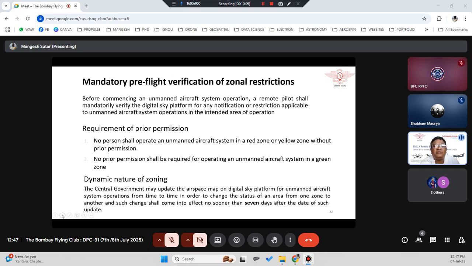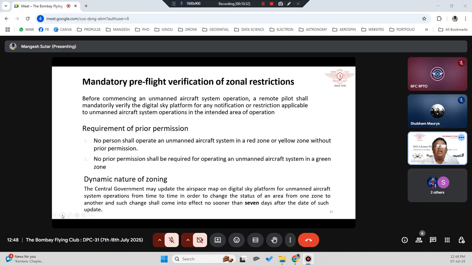Requirement of prior permission: no person shall operate an unmanned aircraft system in a red zone or yellow zone without prior permission. No prior permission shall be required for operating an unmanned aircraft system in a green zone. This is a very blanket, or open, statement. That doesn't mean you can just take your drone in a green zone and fly.